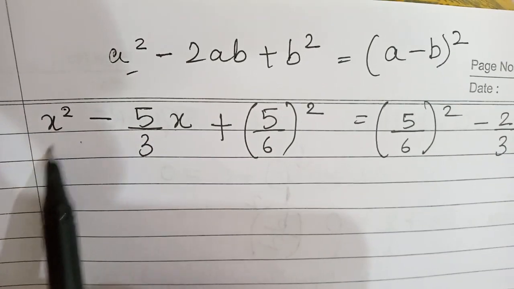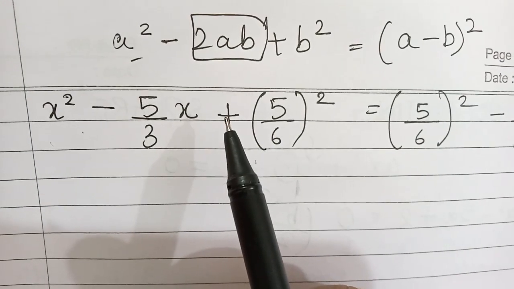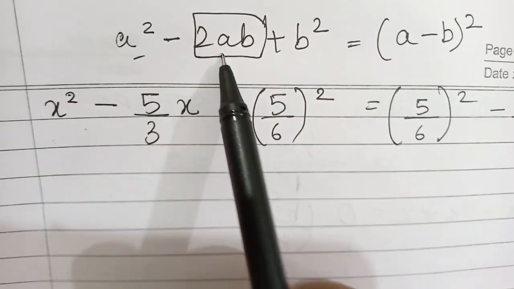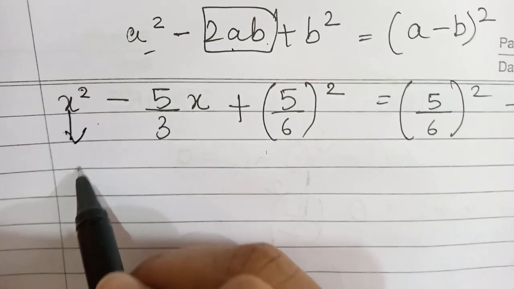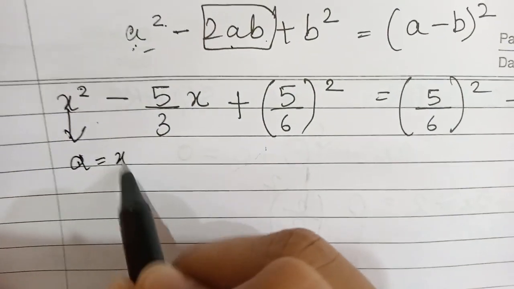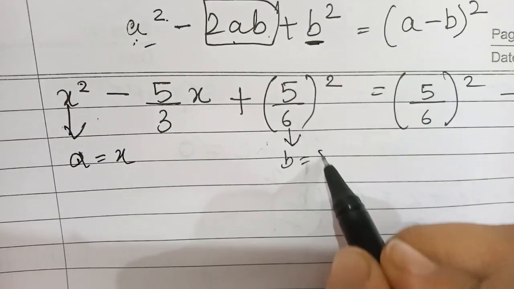Now to change this equation into the 2ab form, we have to determine what is a and what is b. In this equation we can see a², so a is equal to x. Now what is b? We have b as 5/6.